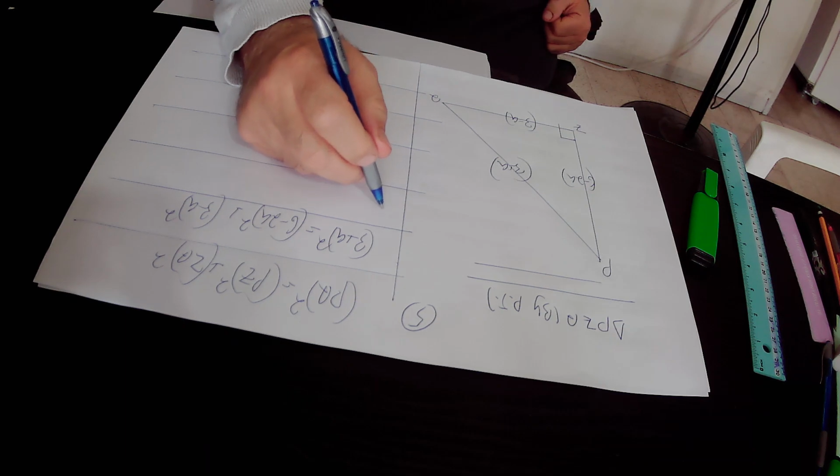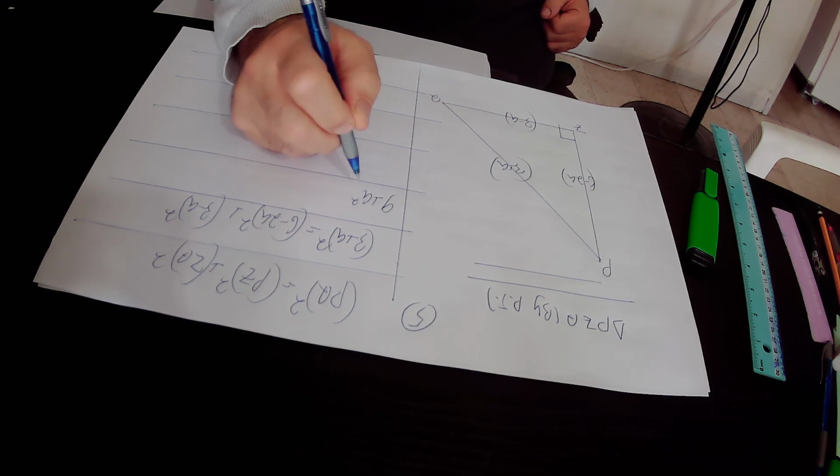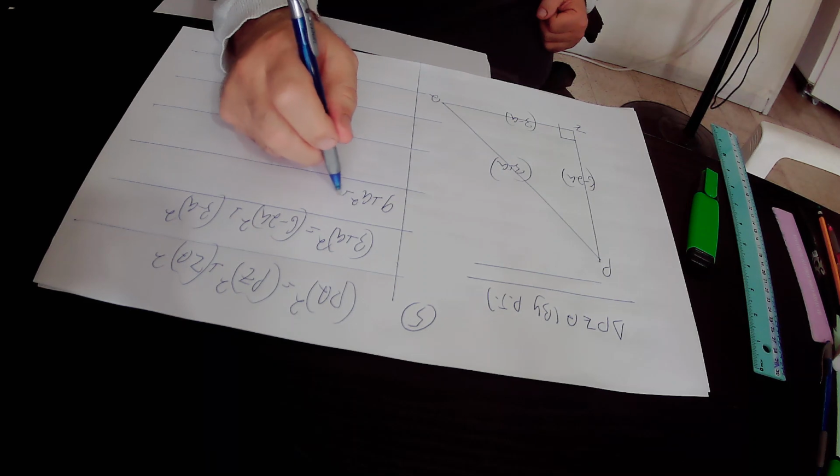We get that (3 plus A) squared equals 3 squared, that is 9, plus A squared plus 2 times 3 times A, that is 6A.